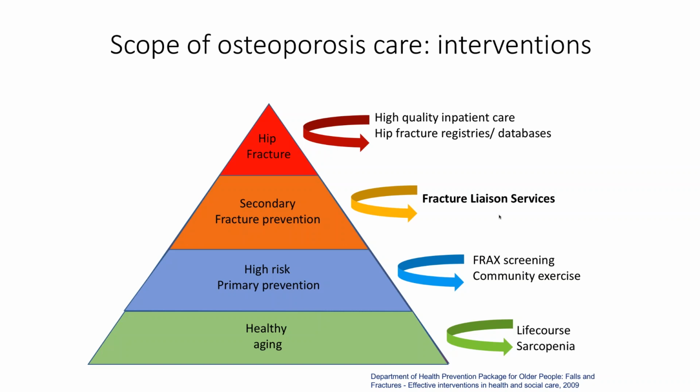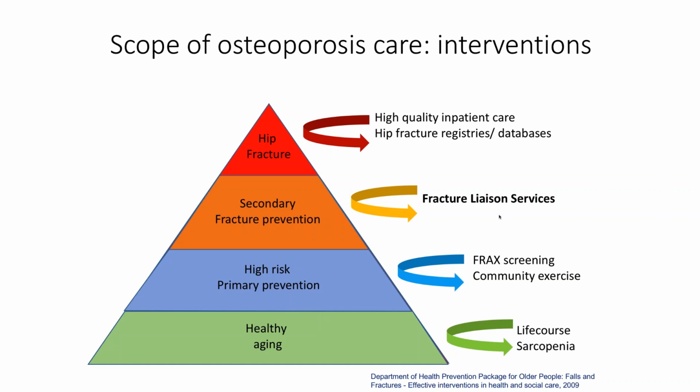And then in the bottom, we have healthy aging, life course approaches to sarcopenia, and then above that, high risk primary prevention. This is about screening in the population and reducing falls risk. And secondary fracture prevention for fracture liaison service really is the amber below the red of fractures.